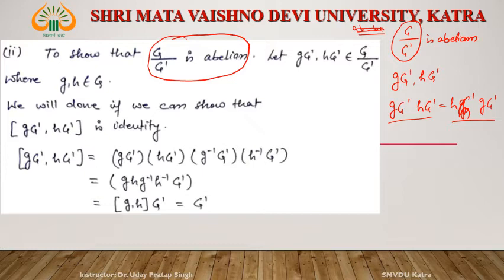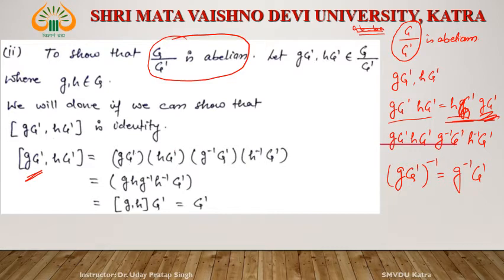How will we prove it? Let us simplify it more. gG prime and hG prime. What is the inverse of this? g inverse G prime. And what is the inverse of this? h inverse G prime. Okay, so let us consider gG prime hG prime and the inverse of the first one. What is the inverse of gG prime? It is equal to g inverse G prime.